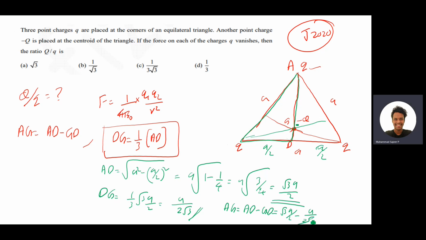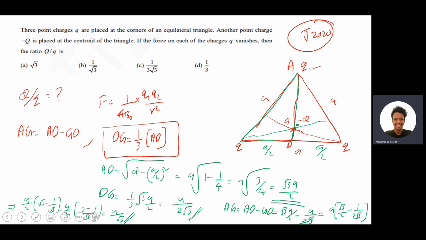We take a by 2 outside: root 3 minus 1 by root 3, which equals a by 2 times 3 minus 1 by root 3, equal to a by root 3. So we have found DG and AG also. AG is a by root 3.